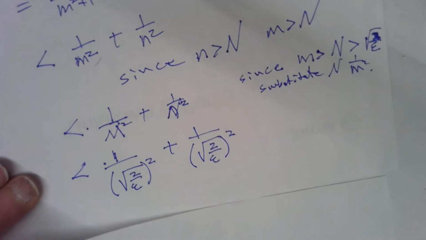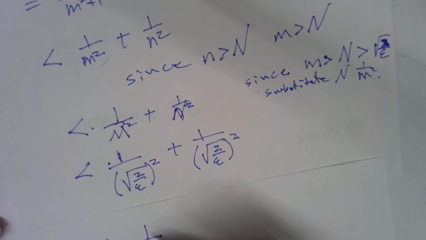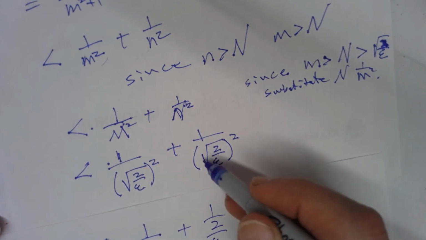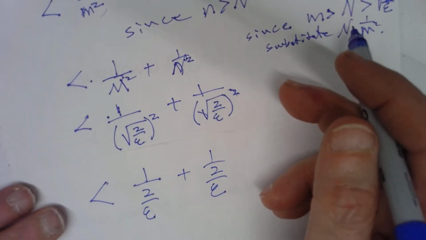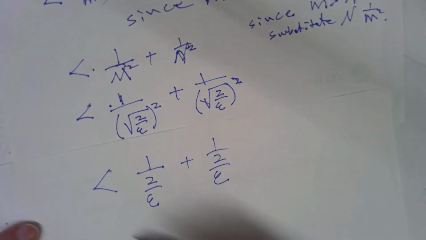Alright, so from here the square and the square root cancel out, so we get 1 over 2 over epsilon plus 1 over 2 over epsilon. The square and the square root cancel each other out, and then we just apply the reciprocals.